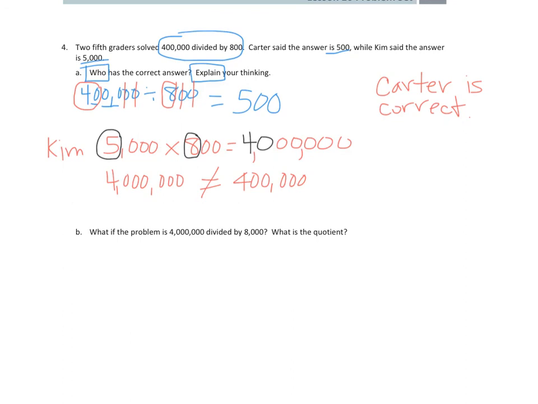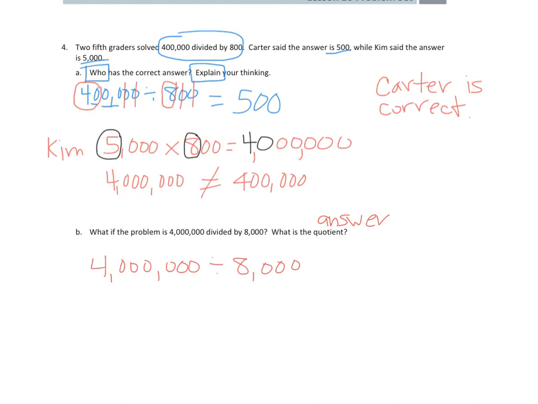And let's do B down below. They want to know what if the problem was 4 million divided by 8,000? What is the quotient, or let's write the word answer to the division problem. The quotient is the answer to a division problem. So let's write 4 million, and we're going to divide it by 8,000.